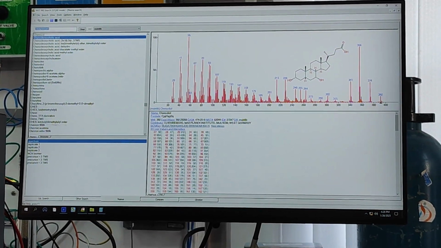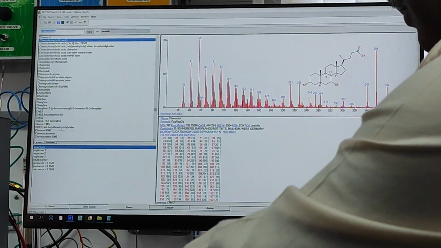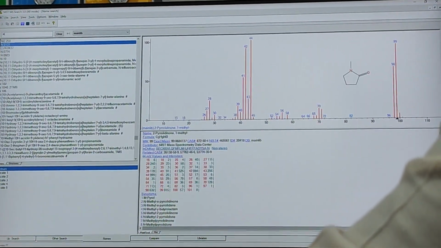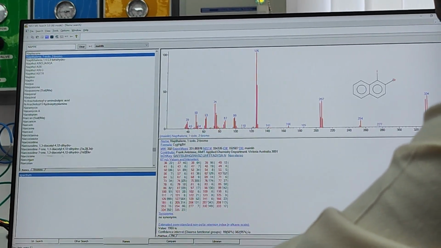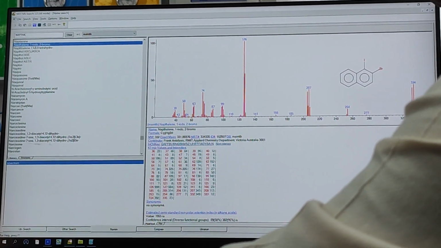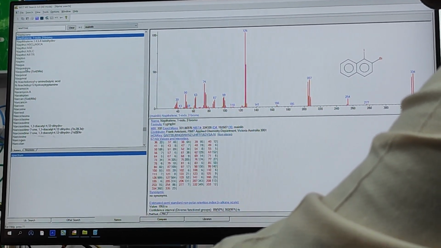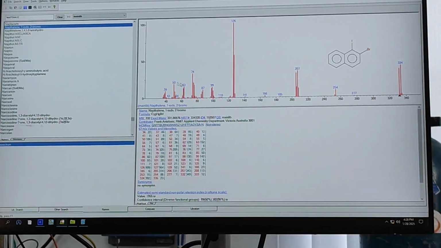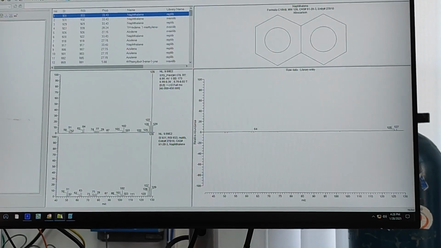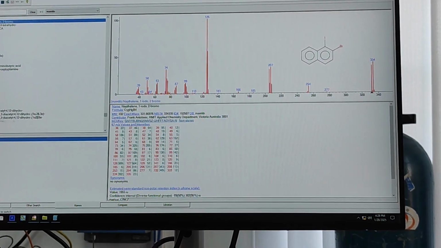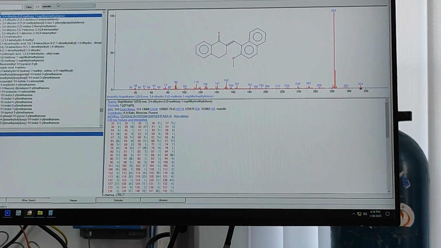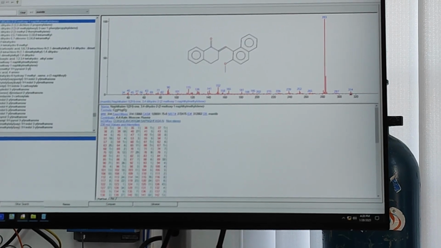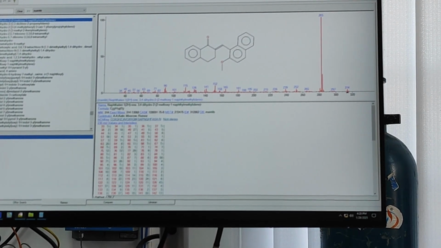Let's go with naphthalene in the NIST library.